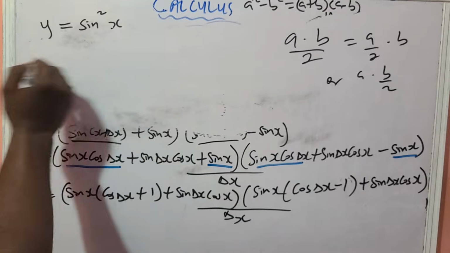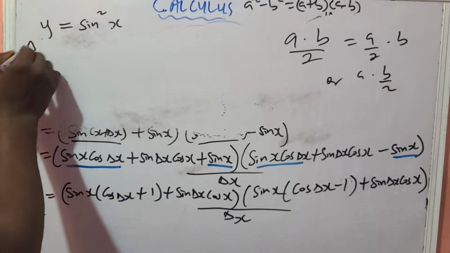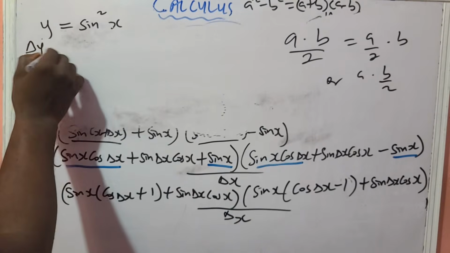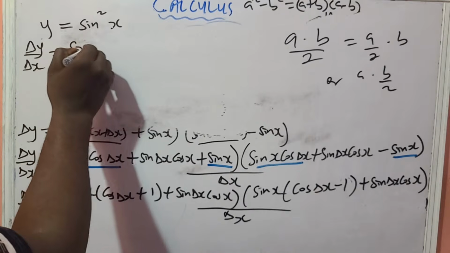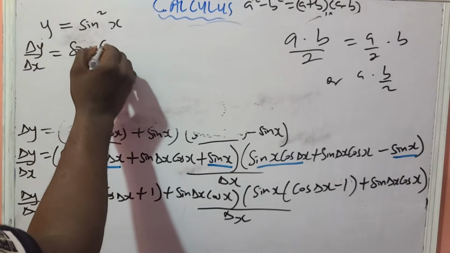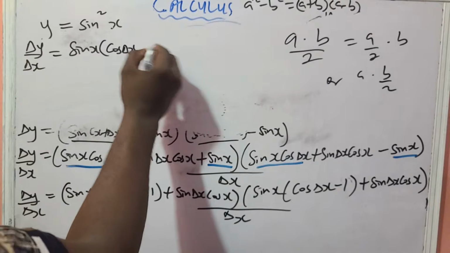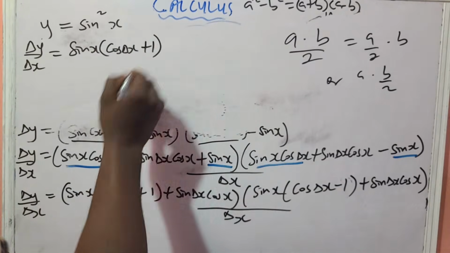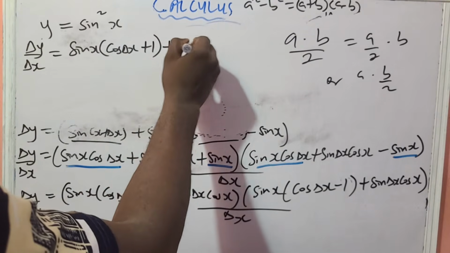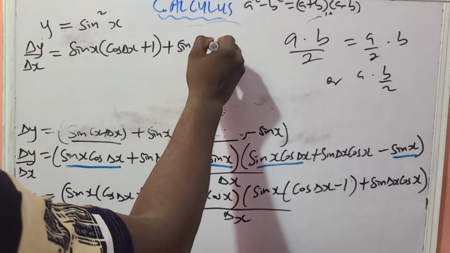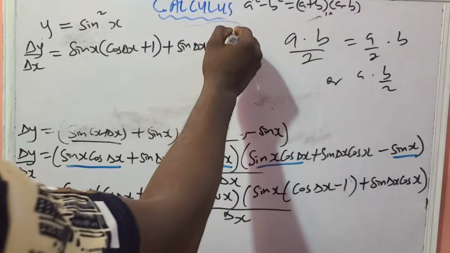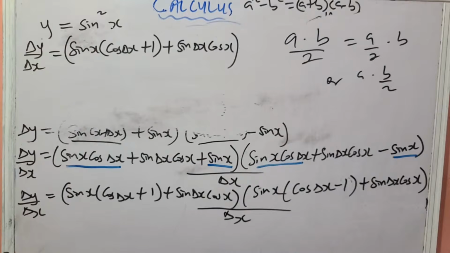We have change in y over change in x equals sine x cos change in x plus 1, then we have plus sine change in x cos x. We put this in one bracket.